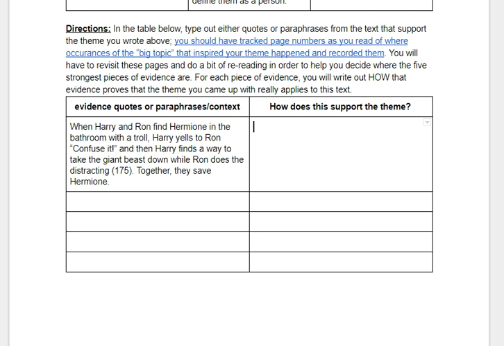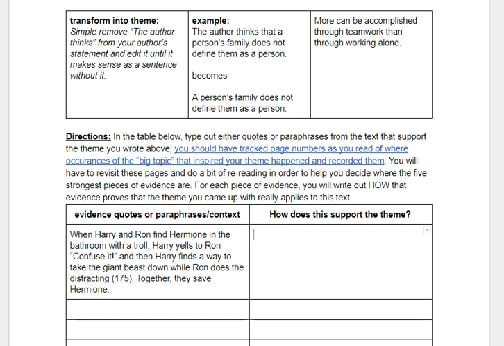Okay, so how does this support the theme? Well, let's reread the theme to make sure I'm really making a connection between this and this. The theme is more can be accomplished through teamwork than through working alone. So here's what I might say here. I might say, had Harry or Ron found the troll alone and tried to defeat it, they probably would have failed.